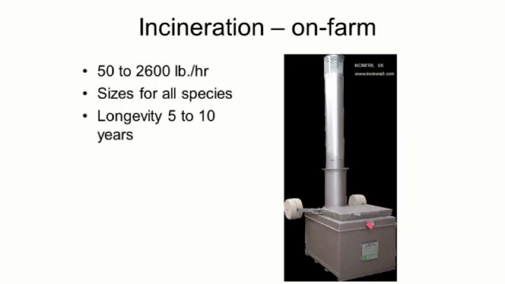But these types, they're very efficient and are very effective with varied amounts of mortality. So they can be sized for very large amounts of mortality, anywhere from 50 pounds to maybe a ton and a quarter of mortality per hour, depending on the BTUs that can be produced to burn those carcasses.